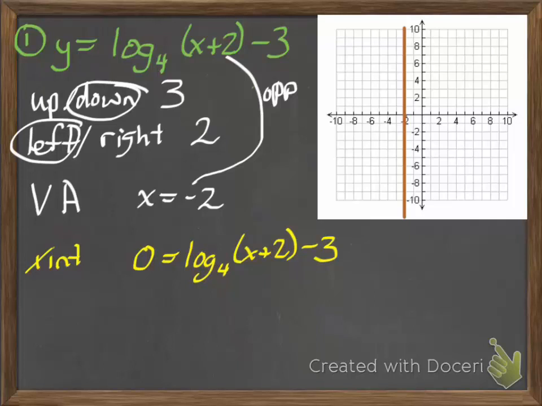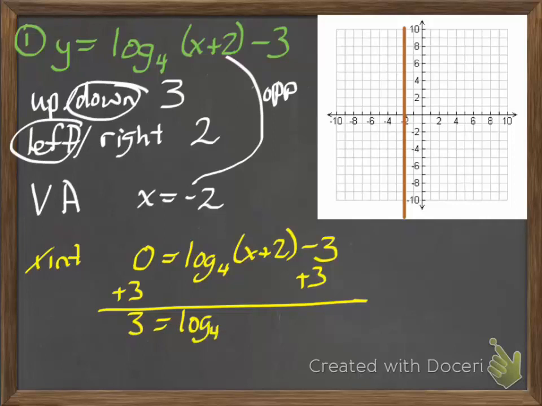To solve this, I need to get my logarithm by itself because there's only one log. So add 3 to both sides. So 3 equals log base 4 of x plus 2. Then I'm going to fish it. And so this is going to be a backwards fish because I have it on opposite sides.